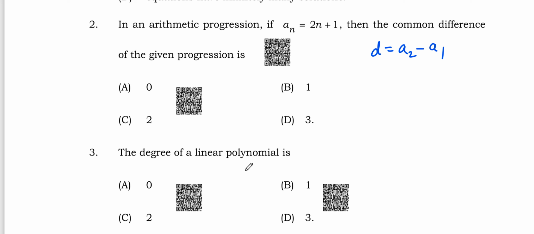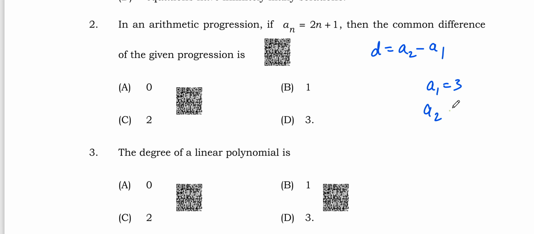In place of n substitute 1, you get a1. In place of n substitute 2, you get a2. Subtract a2 minus a1, you will get d. Now can we do mind calculation? Quick. Substituting n as 1, 2 ones are 2 plus 1, which is 3. So the first term is 3.